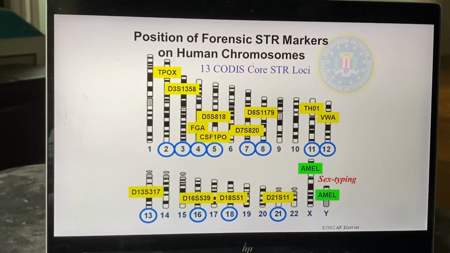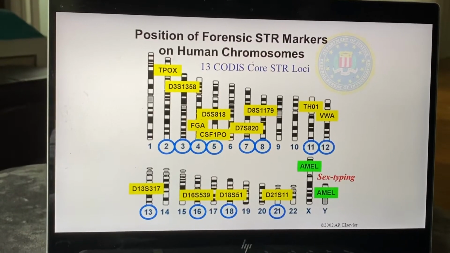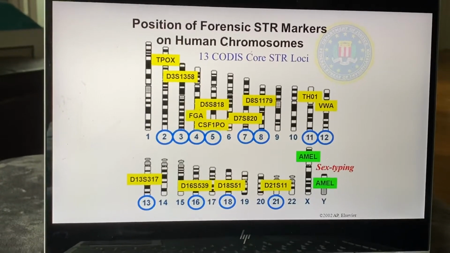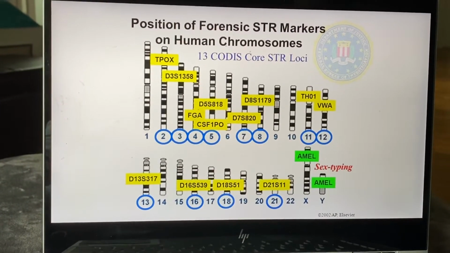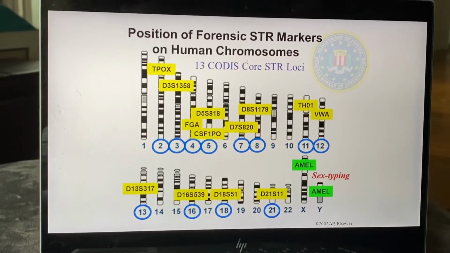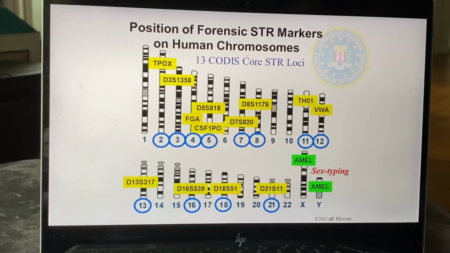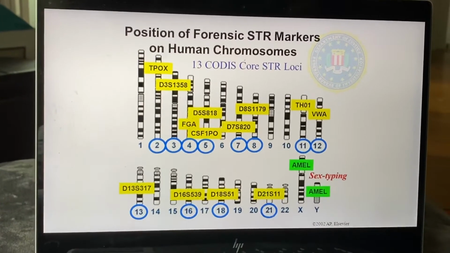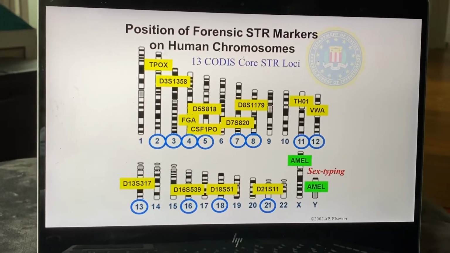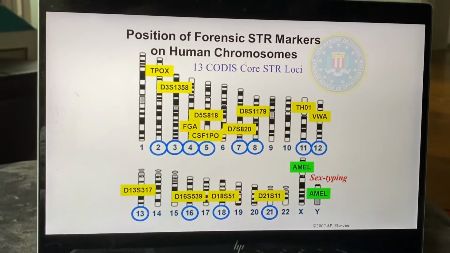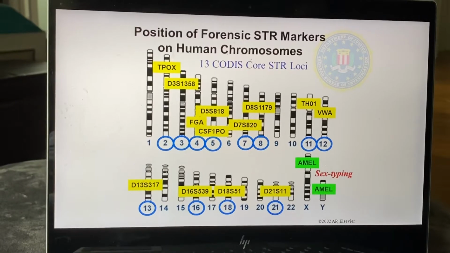If you can remember way back to when we talked about probability, if you have independent events, like a coin toss, you can multiply the probabilities together. That is where we're getting these huge, very discriminating numbers. Each forensic marker is independent of every other forensic marker, like independent coin flips.